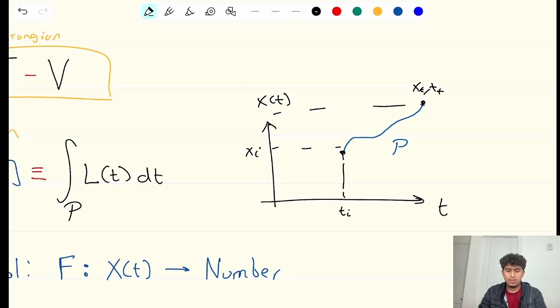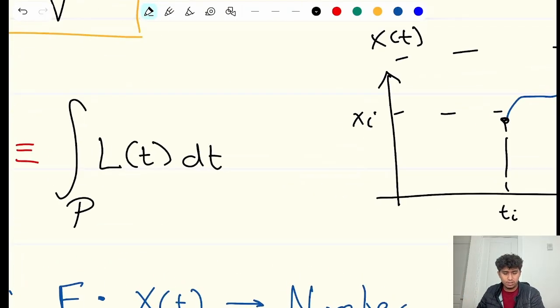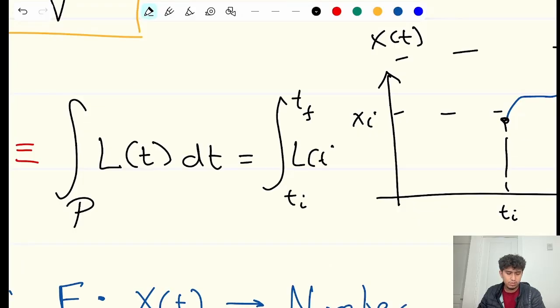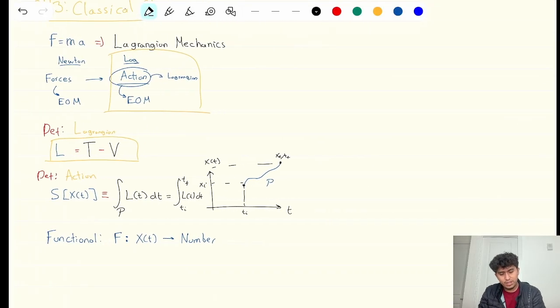You integrate over that path, and you can also write it as the integral from ti to tf, a normal integral.